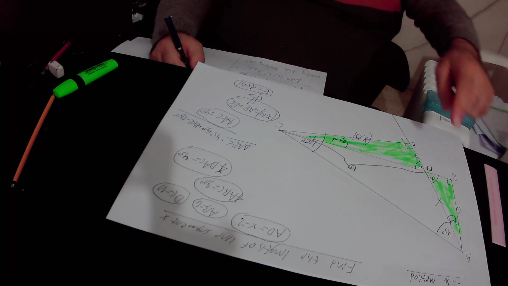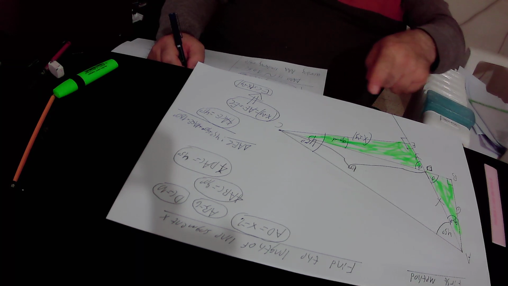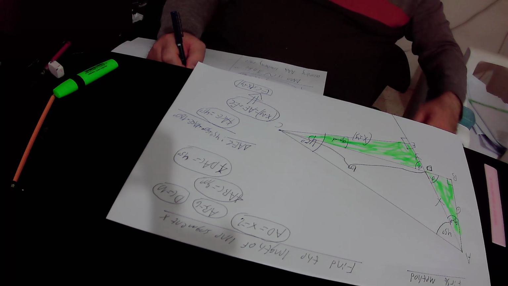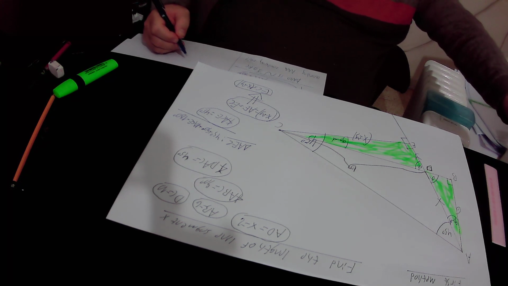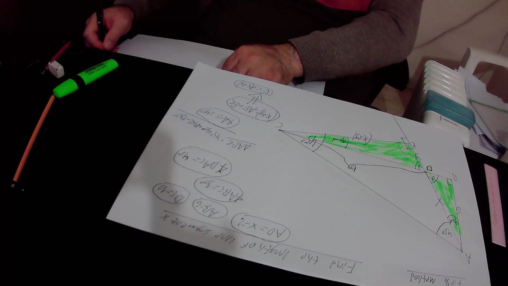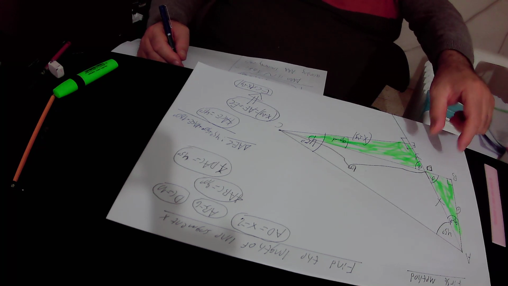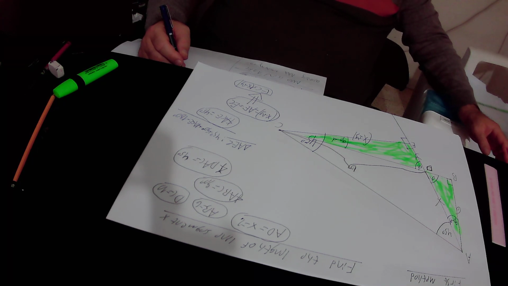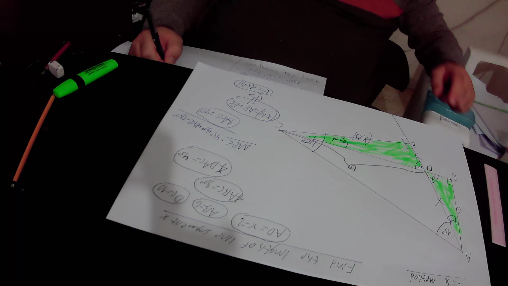So AB is equal to 6 units according to what is given in the question. EC, we already found out that EC equals x plus y. So we substitute EC by x plus y. BD is BD, we'll find out the value of BD later, over DE.